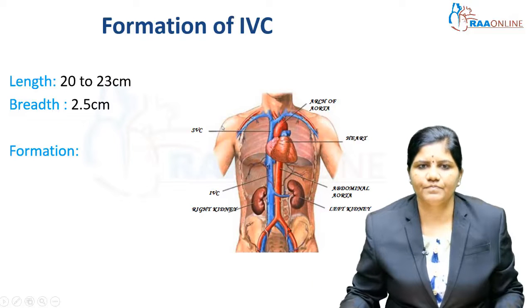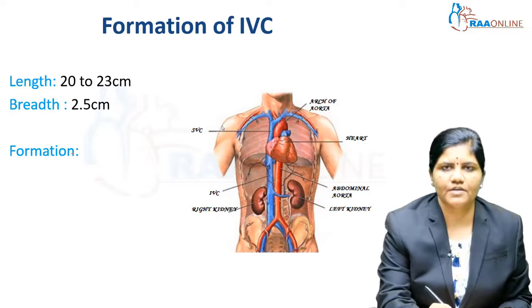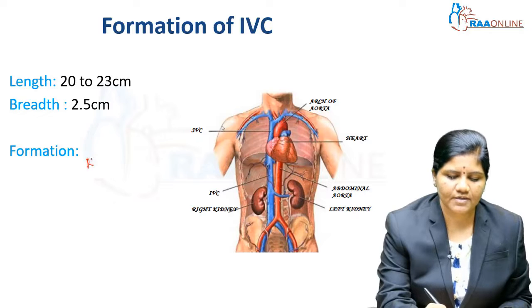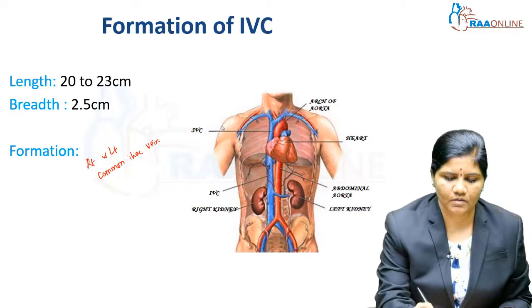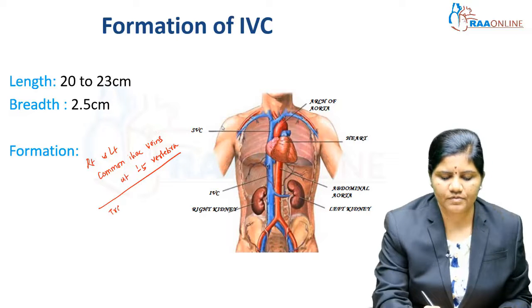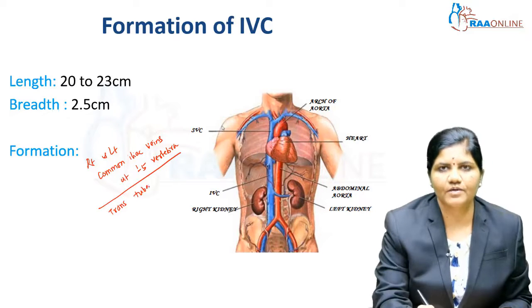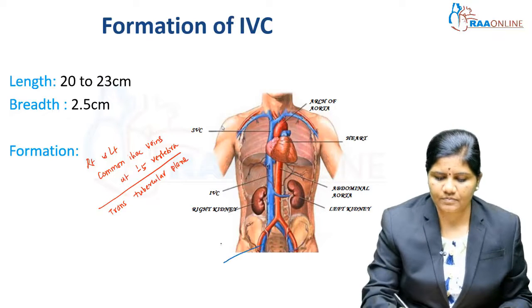Let's see the formation. The formation of the inferior vena cava is by the right and left common iliac veins at the level of L5 vertebra, that is at the level of transtubercular plane. So this is the right common iliac vein.